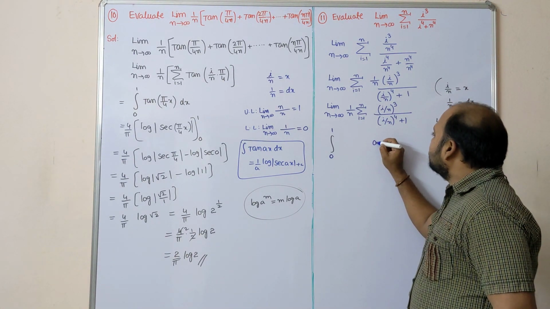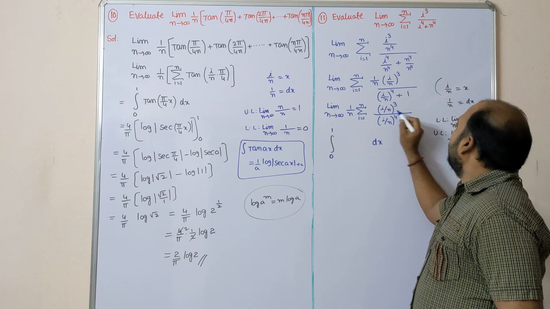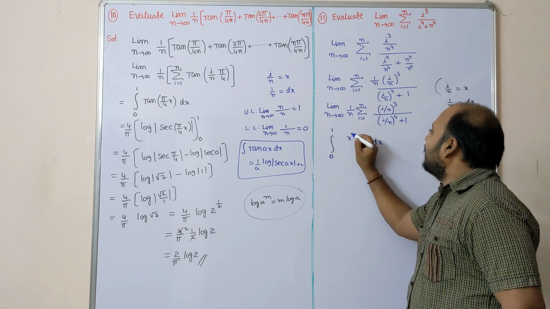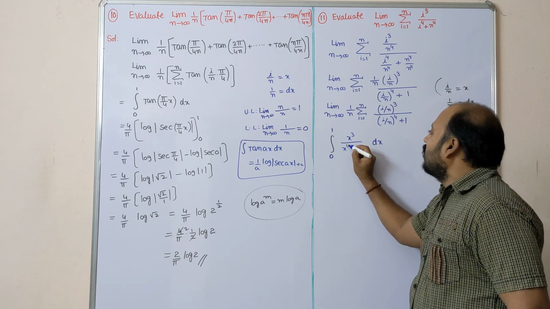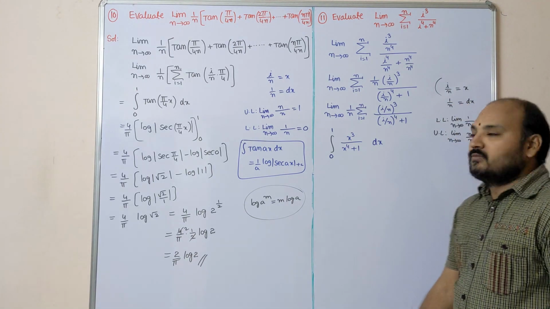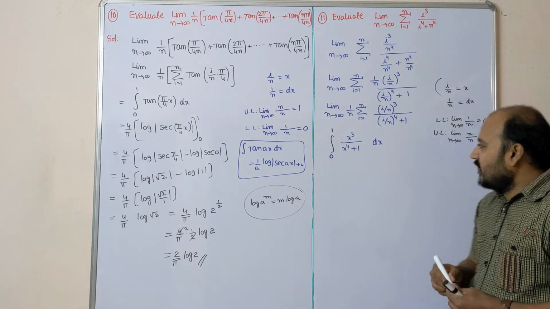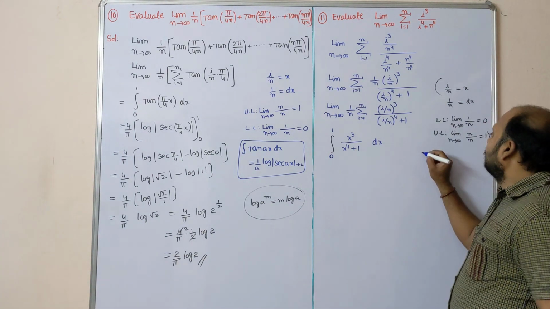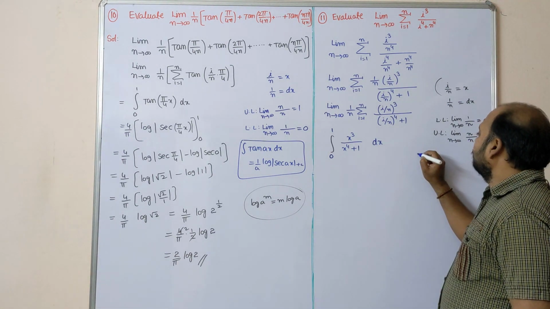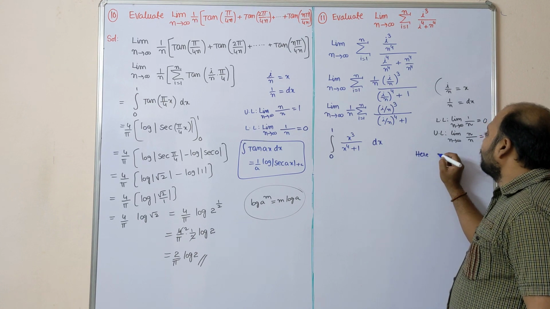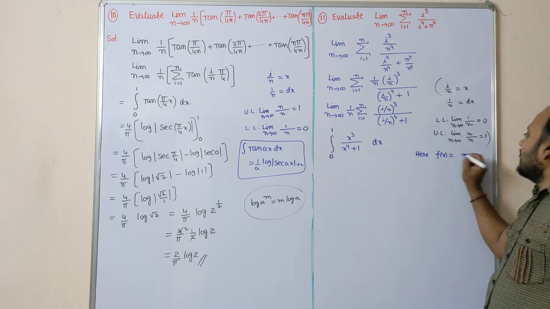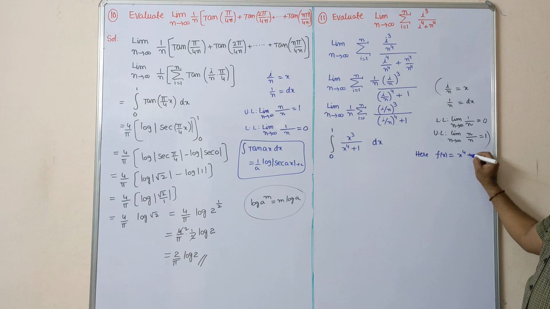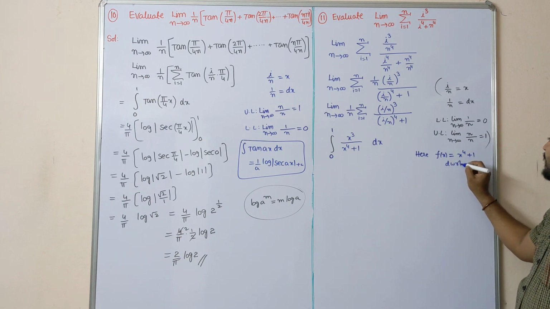i by n value is x, dx, x power 3 by x power 4 plus 1. For this, what is the derivative of 1 plus x power 4? If you take f of x is equal to x power 4 plus 1, differentiate with respect to x.